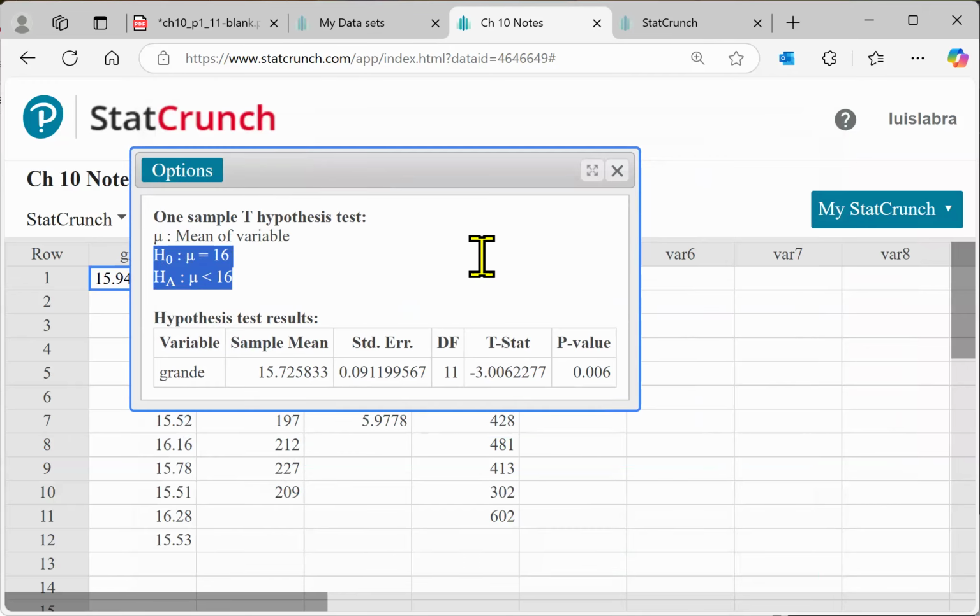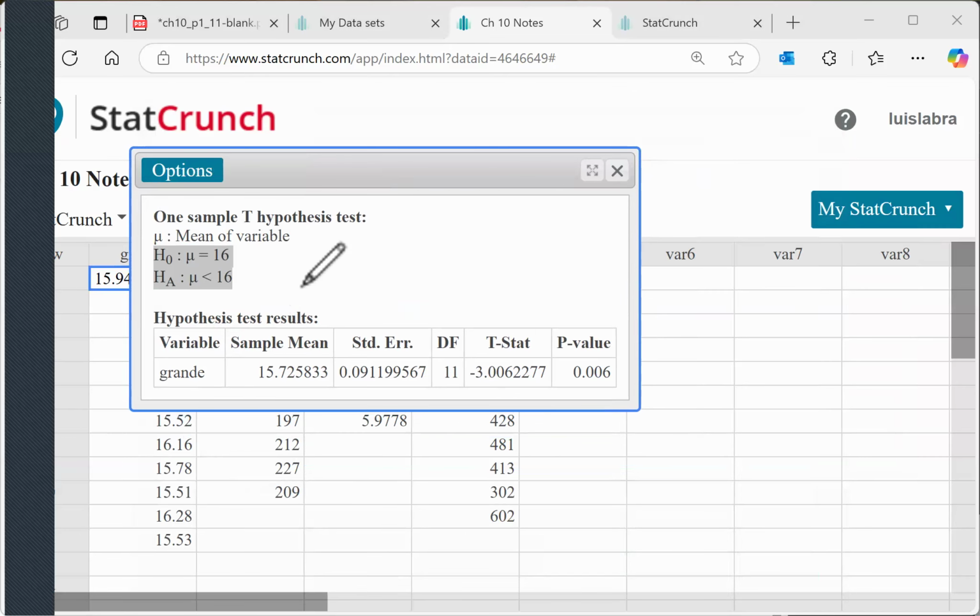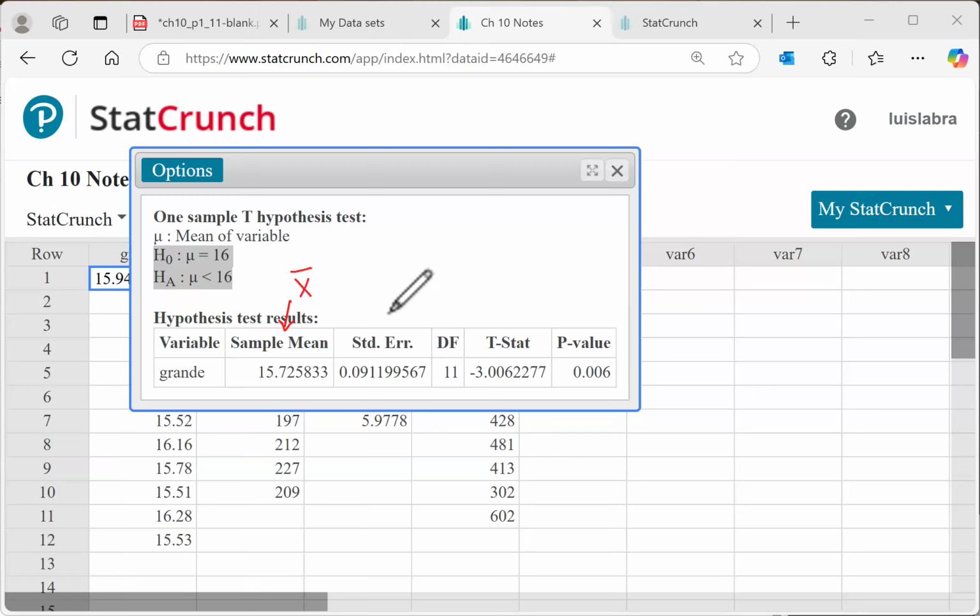And it finds all of those quantities that we needed. So here's X bar. Remember, the standard error is S over square root of N. It's basically sigma of X bar when sigma gets replaced with S. Degrees of freedom.